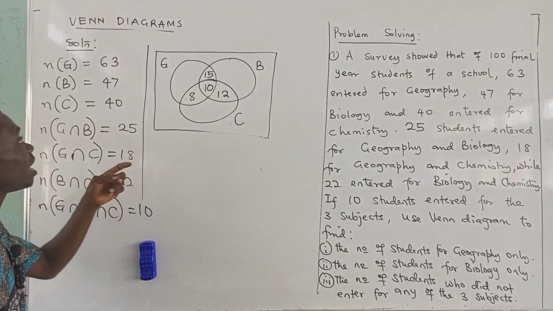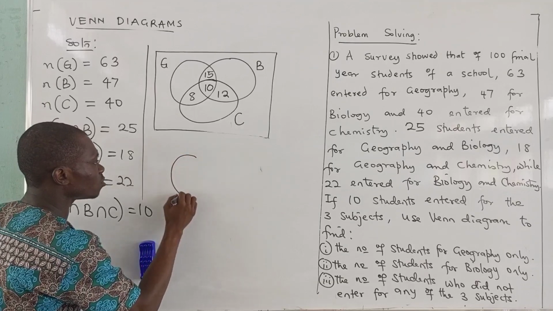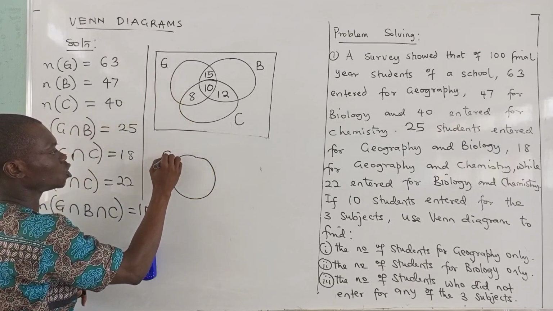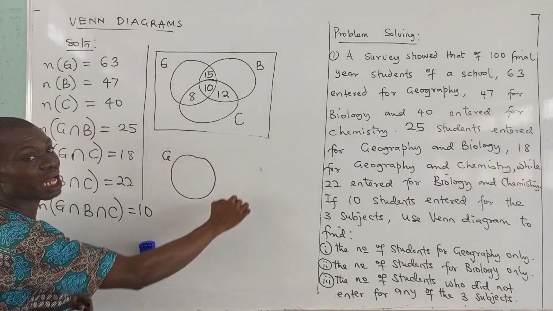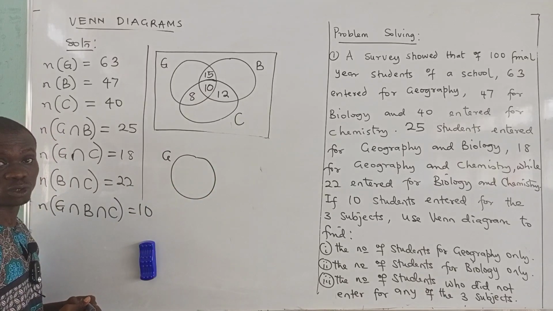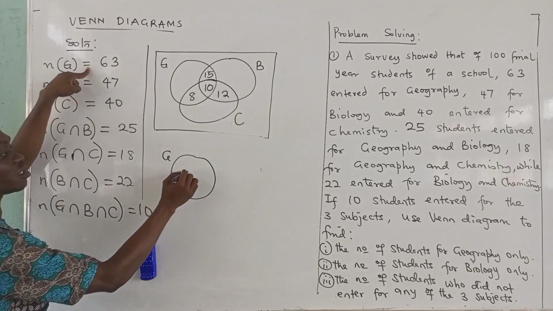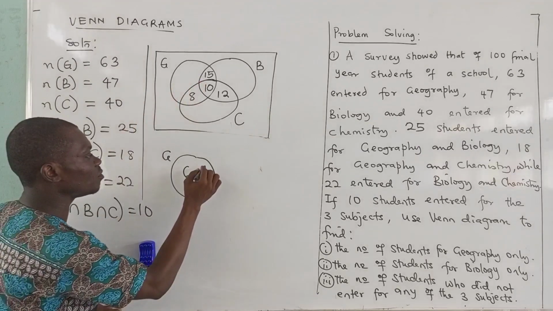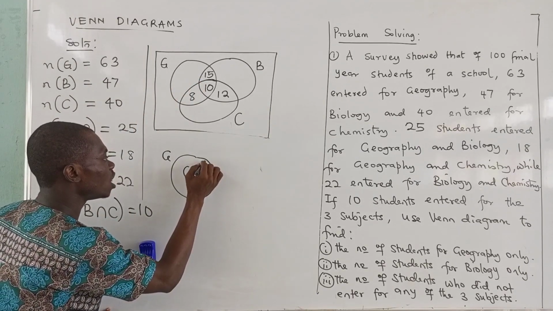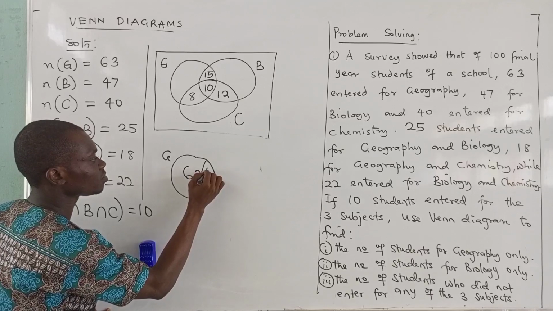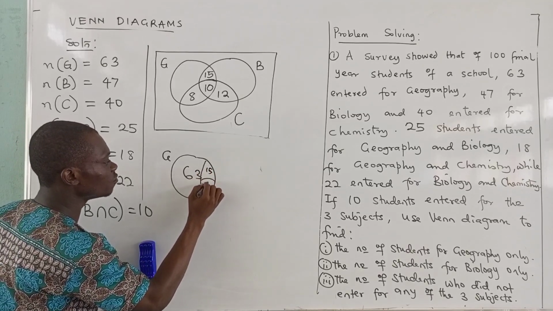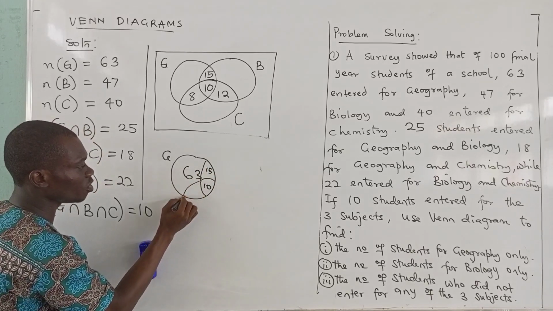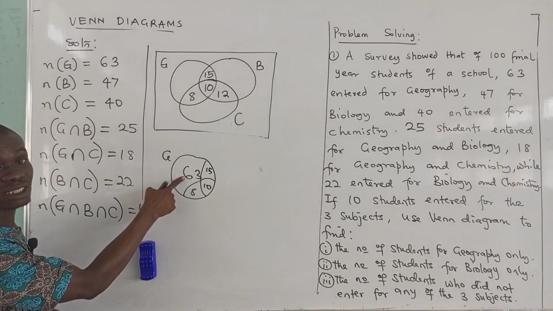And how do you get that? Now, remember that the first circle you have here for G represents the total number of students that went for geography. And by our question, 63 students went for geography. But by the Venn diagram, you have first of all removed 15 here, and you have removed 10 here, and you have also removed 8 here out of my 63.